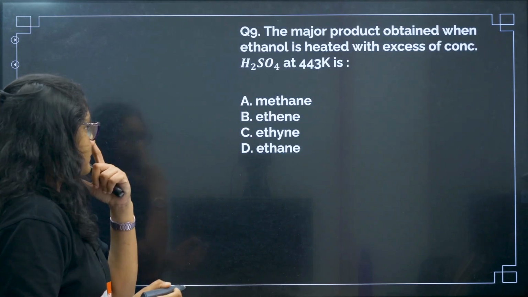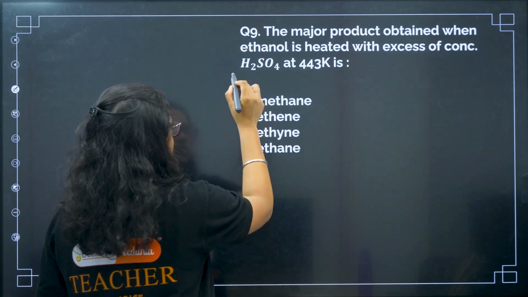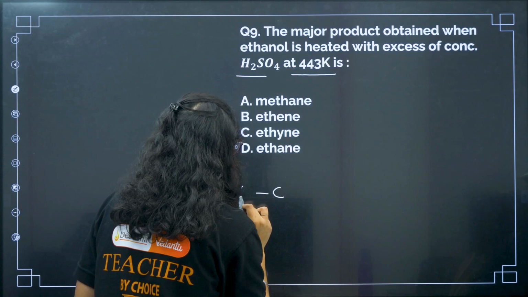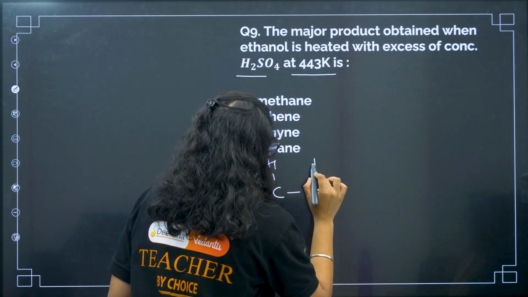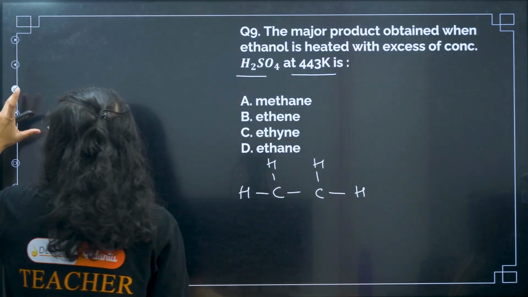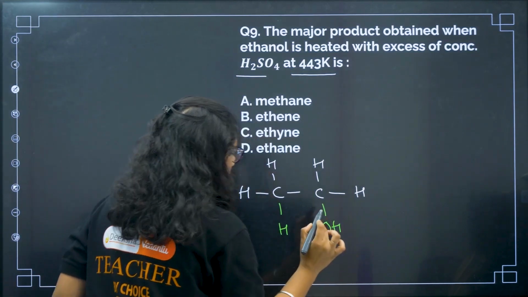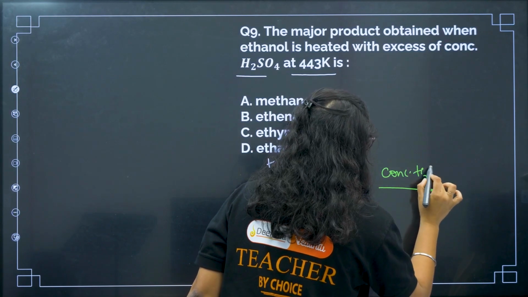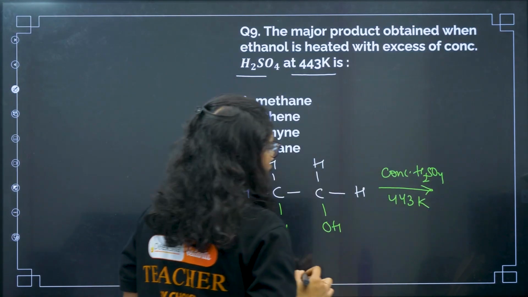Now coming to question number 9. The major product obtained when ethanol is heated with excess of concentrated sulfuric acid at 443 Kelvin. So we have ethanol. If I draw the structure of ethanol, I'll use a little color scheme here so that you can understand. Okay, and if you heat it with concentrated H2SO4 at 443 Kelvin, then what will happen?